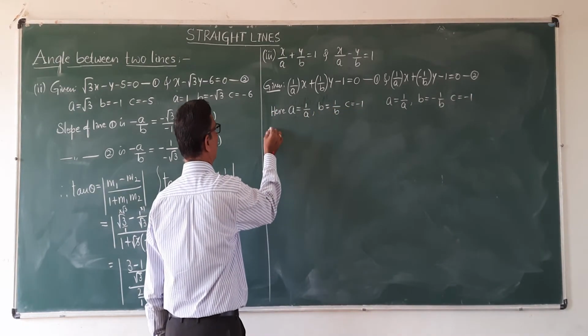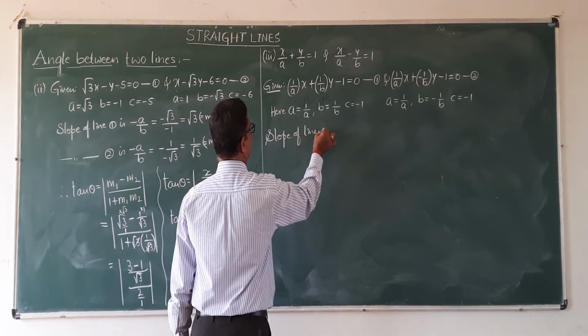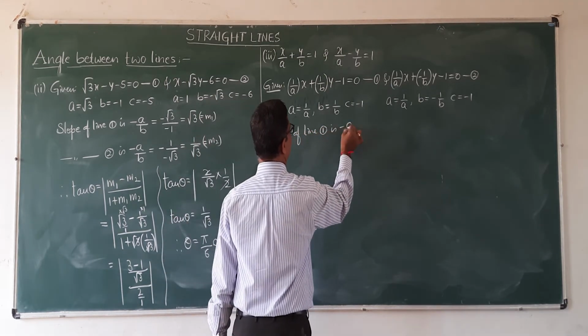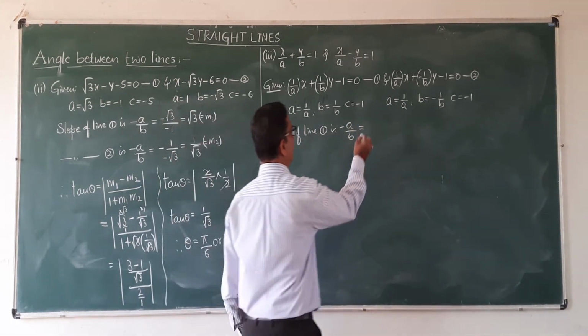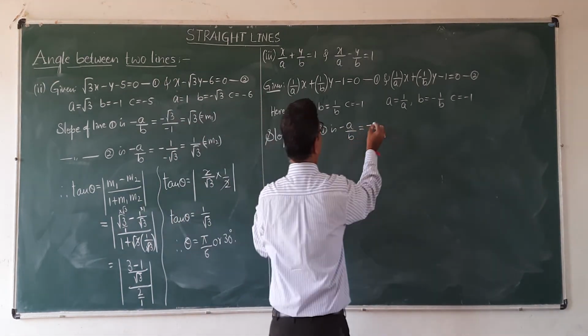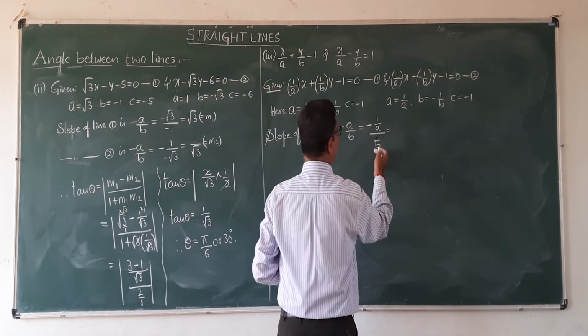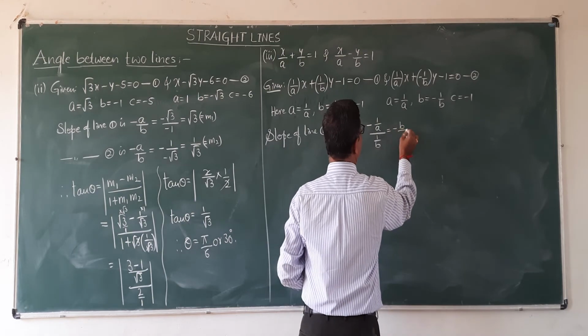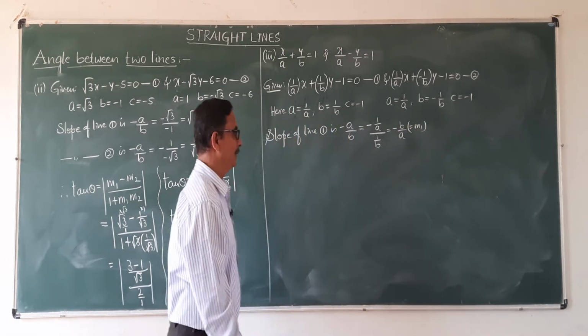Now to find the slope. Slope of line 1, you know the formula. What is that? Minus a upon b. Okay? So minus a value 1 by a, b value 1 by b. That b goes to numerator, minus b by a, call it as m1.